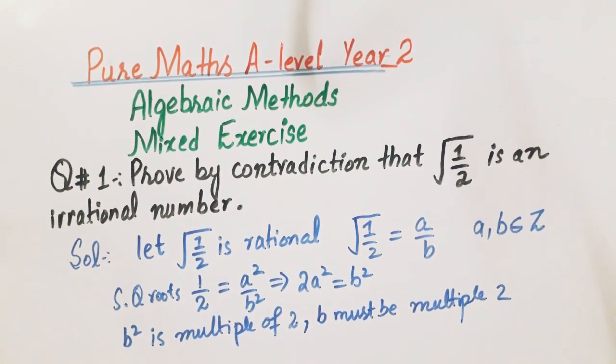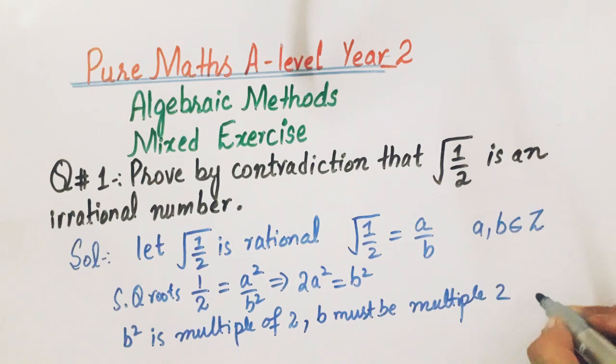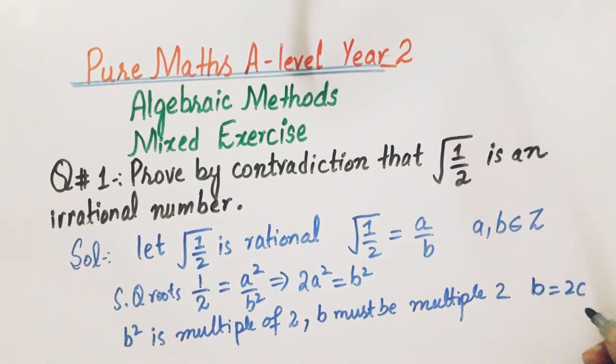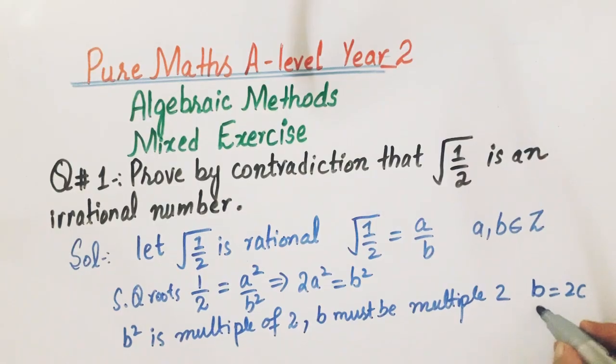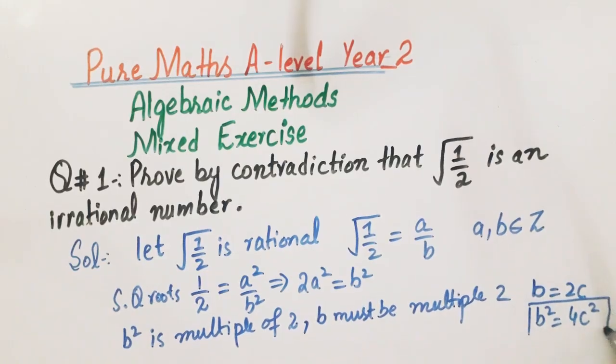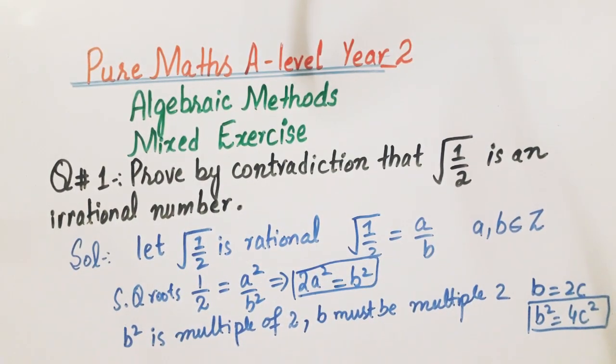So if b is a multiple of 2, then we can write b equals 2c, where c is also some integer. It means when we take b squared, we get 4c squared.